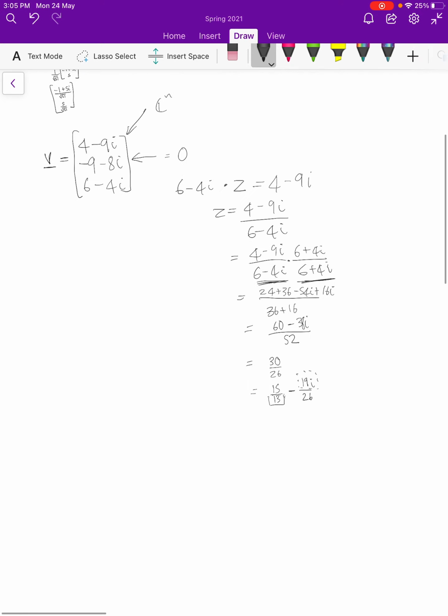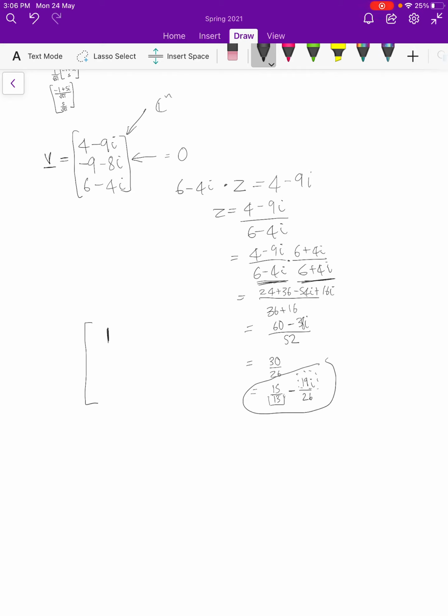Now, we know that this vector multiplied by 6 minus 4i is going to be equal to 4 minus 9i. So, remember the standard inner product. You have to use the conjugate on the second vector. Our answer is going to be this vector. We're going to have 1 here.